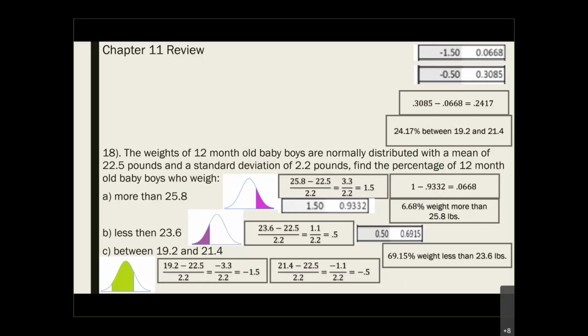Question number 18. One thing that I saw this review did not have is a frequency distribution table.